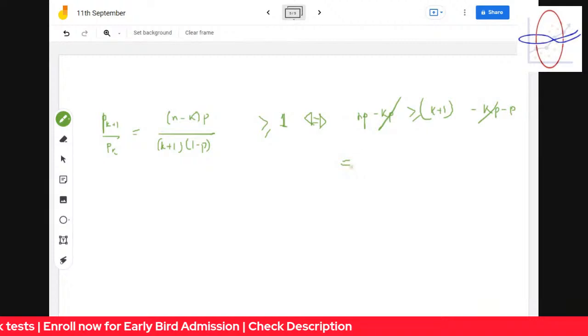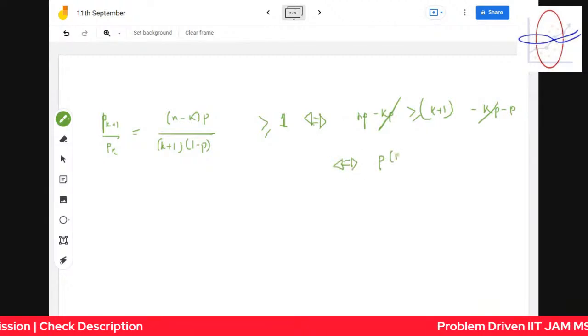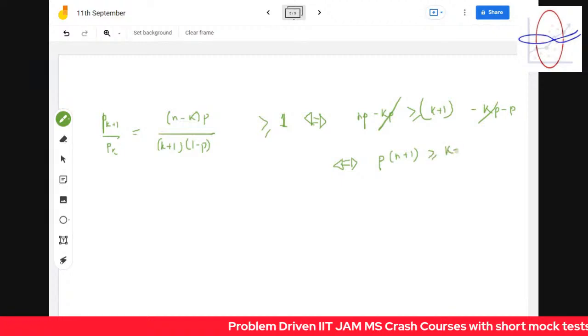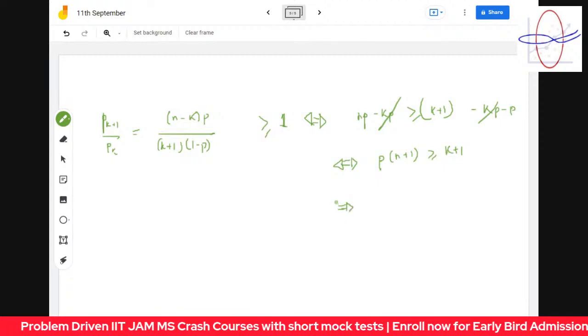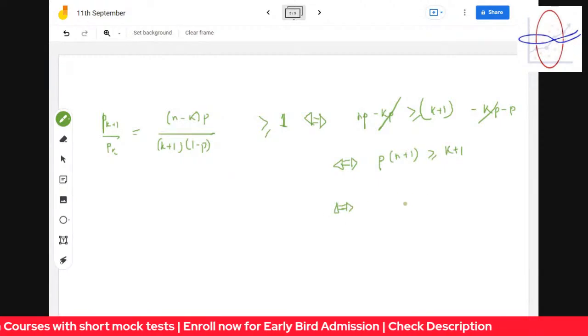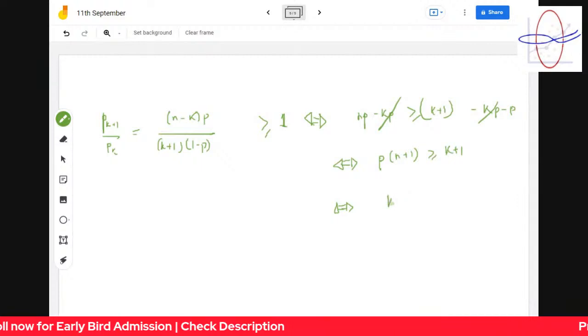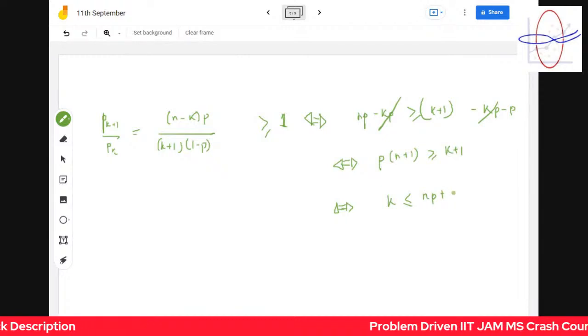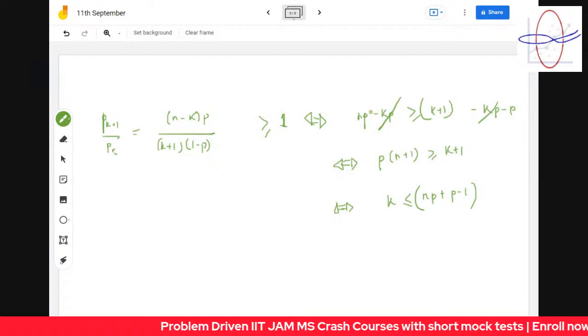So it turns out it's if and only if p into (n plus 1) is greater than or equal to k plus 1, that is, k is less than or equal to np plus p minus 1. This is the idea.